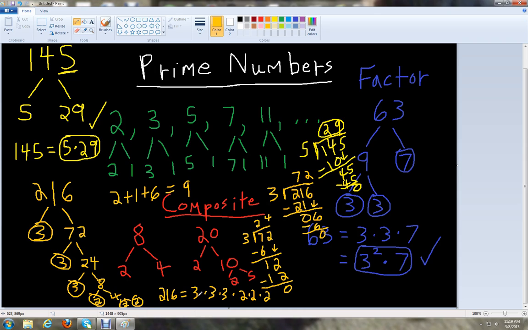And so since we have three 3s and three 2s, we can write that a little simpler as exponents. That would be 3 to the third power times 2 to the third power. And that would be our prime factorization for 216.